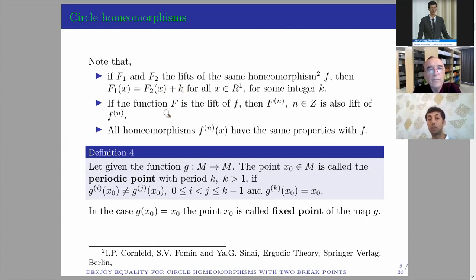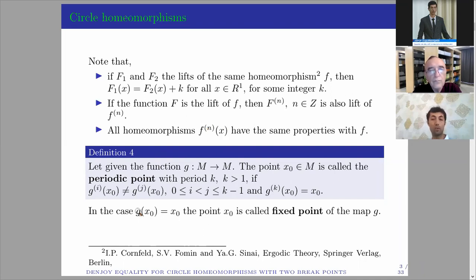And if capital F is a lift of some homeomorphism f, then its nth iteration, capital F^n, is also a lift of f^n. All homeomorphisms f^n have the same property as the homeomorphism f itself.